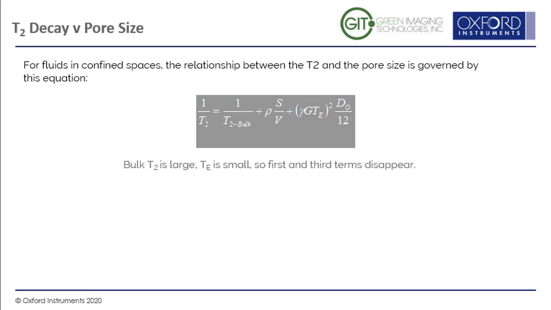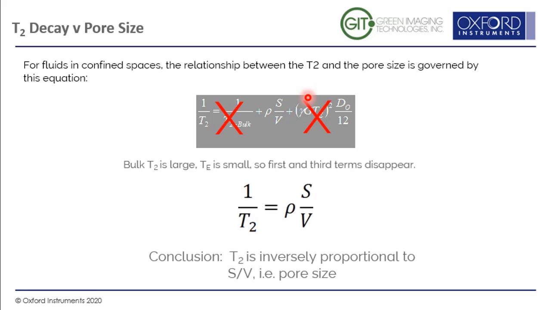For fluids in confined spaces, such as in the pores of a rock core plug, the relationship between T2 and the pore size is governed by this equation. The T2 of the bulk fluid, T2 bulk, is relatively large, and TE is an instrumental parameter that we can make small. So the first and the third terms of this equation disappear.